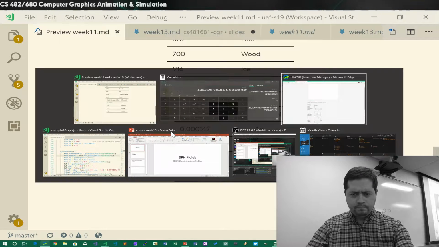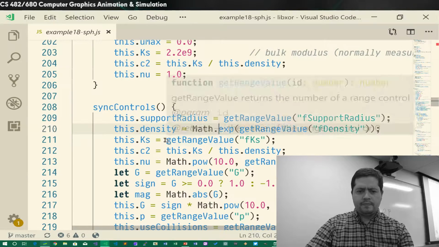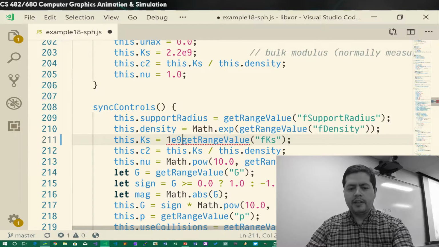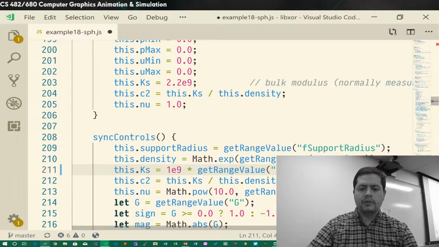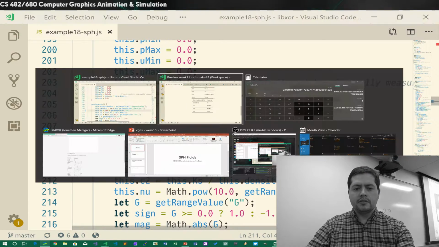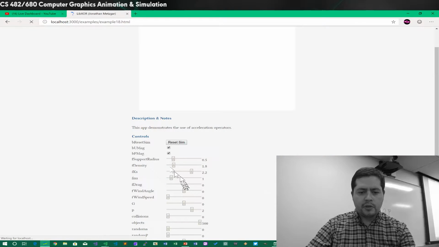But for right now, it should be like 1E9 times whatever the KS value is, because we are throwing in numbers from 3 to 0.